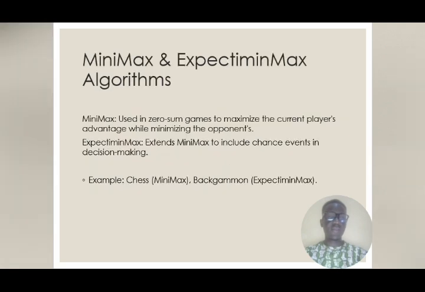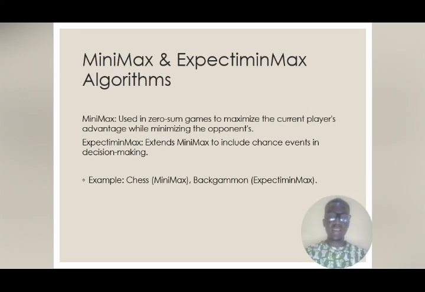Then you also have minimax and expectiminimax. These minimax algorithms are used in zero-sum games to maximize the current player's advantage while minimizing the opponent's. First of all, it assumes that both players play optimally, and then each move is evaluated by the best outcome for the current player and the worst possible outcome for the opponent.